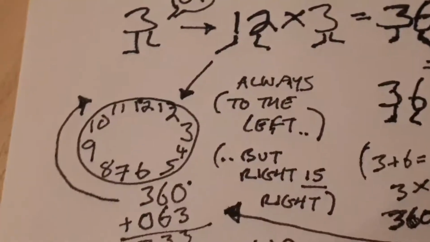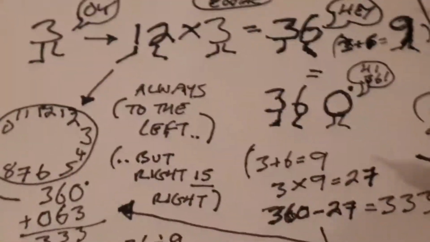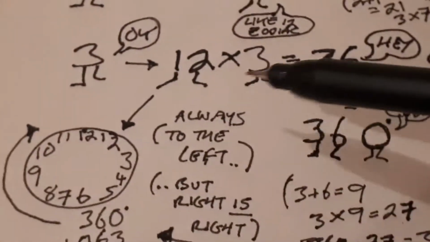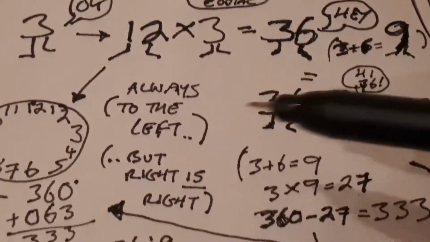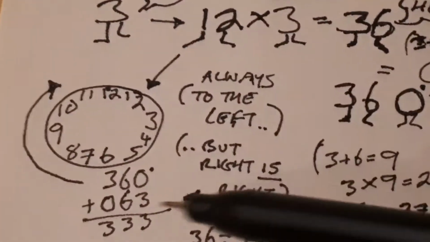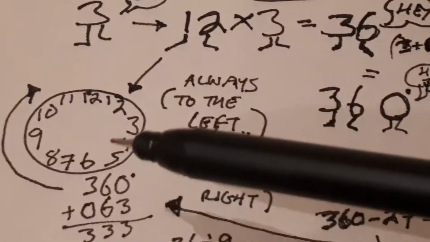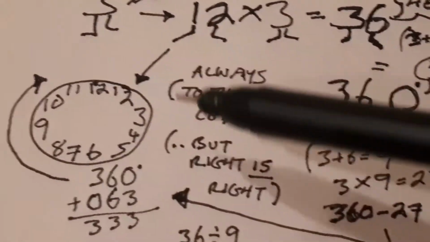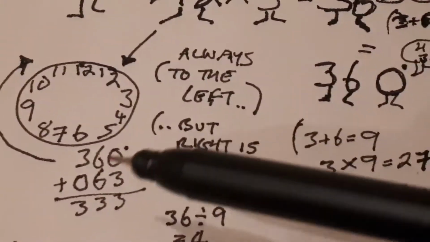We're a prisoner of that construct of 33. 12 times 3, 36. So we're going round that way in a circle. Let's join it up.